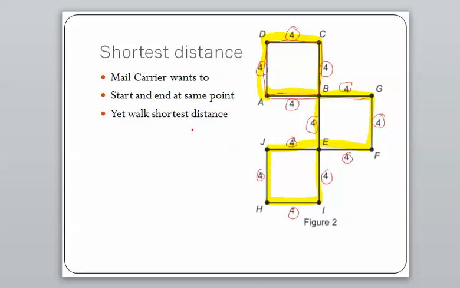This type of mathematics that we're looking at right here, these circuits and paths, are used by all of the transportation companies, all the bus routes, all the train routes, all things like that.